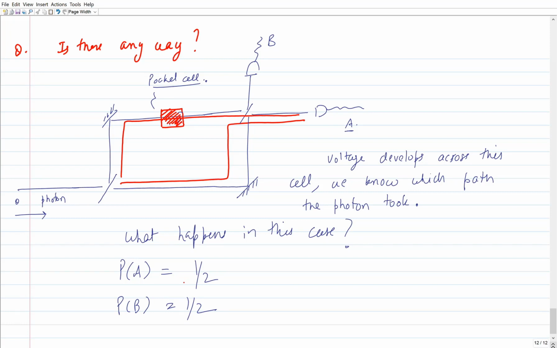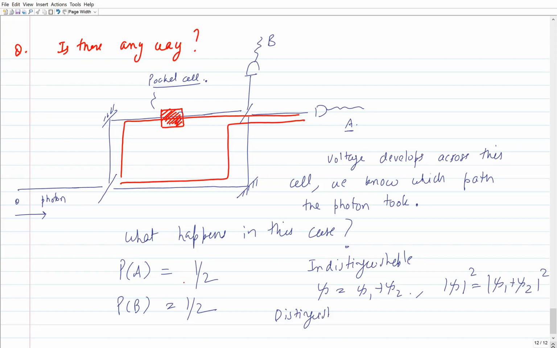Remember, when my paths were indistinguishable, I was adding the probability amplitudes, and the final probability was given by this. When I make my paths distinguishable, I just add the probabilities, which I already calculated to be half.